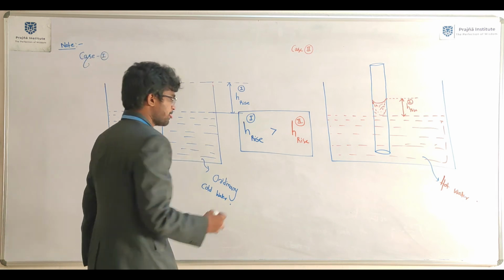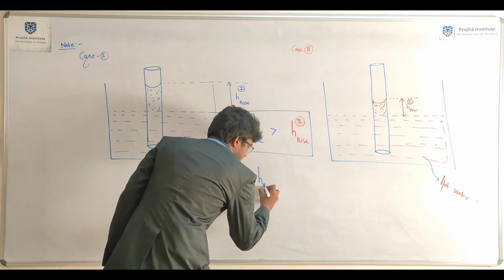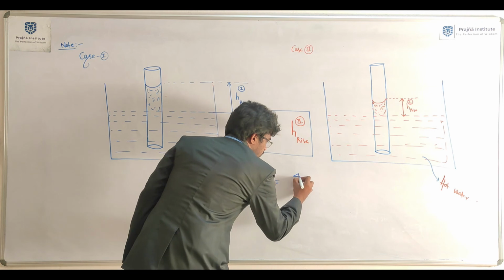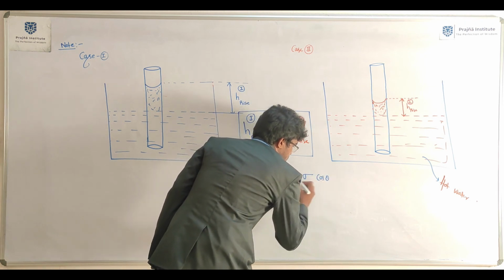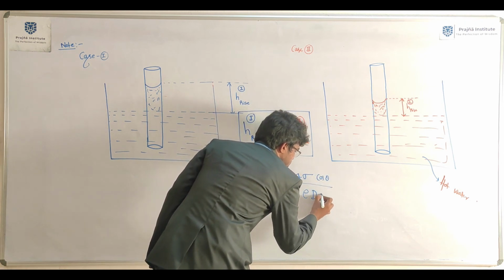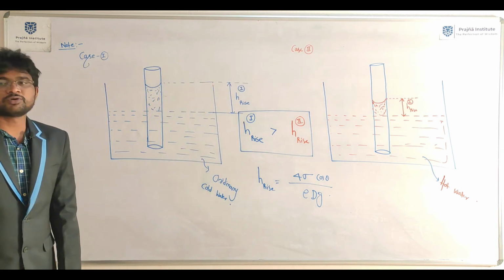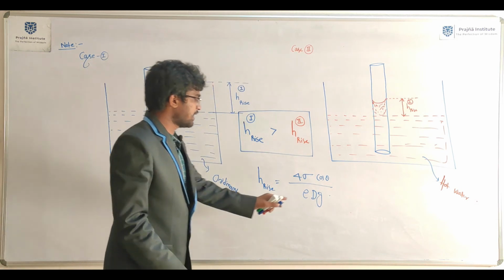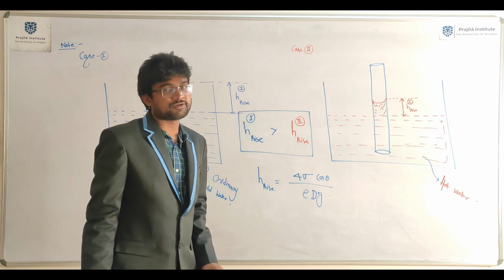Why? Because we know that H rise is equivalent to 4 sigma cos theta by rho d g. Theta is the same, d is the same, g is the same, everything is the same.